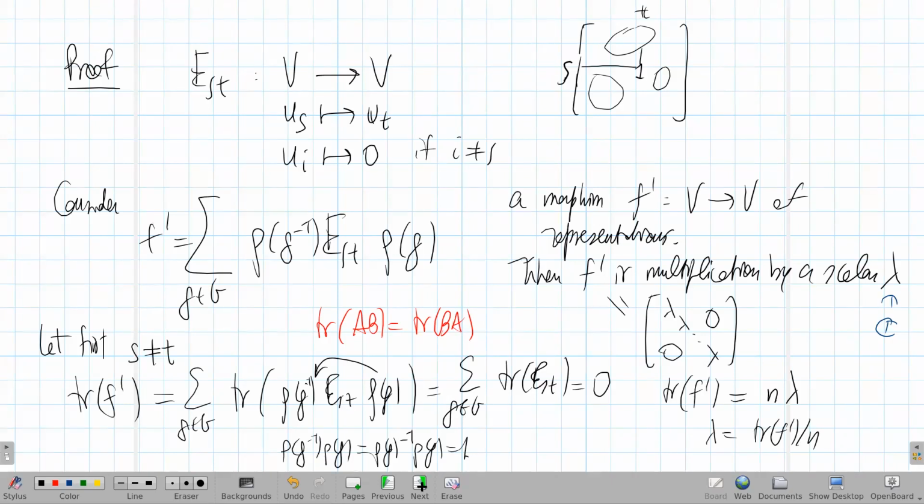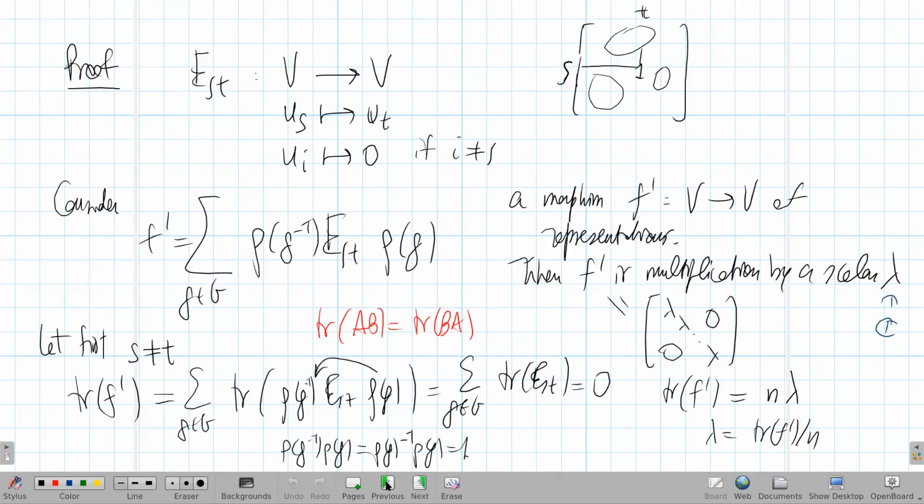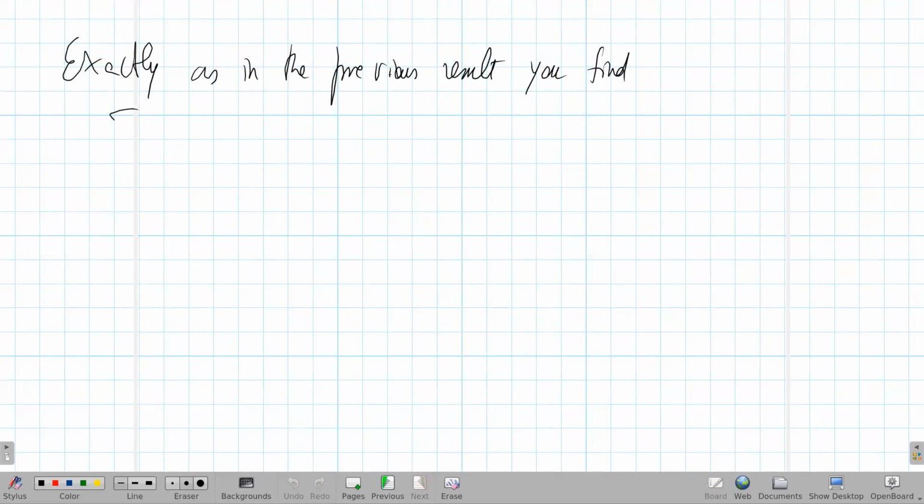And exactly as in the previous result, you find that a certain sum of rho G inverse, with certain indices, we'll see the details later, is different from 0 only for certain indices.